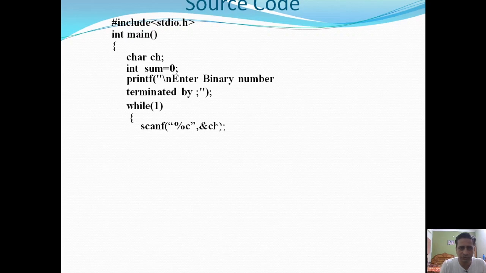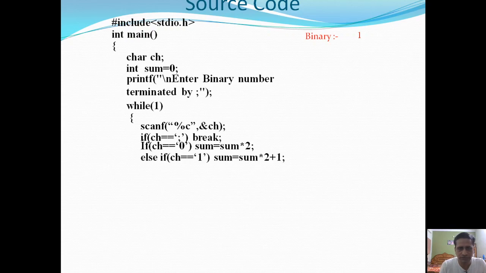Apply an infinite loop, scanf %c into character ch, and then we check three possibilities: either ch is semicolon, then break; ch is 0, then sum equals sum times 2; or ch is 1, then sum equals sum times 2 plus 1.